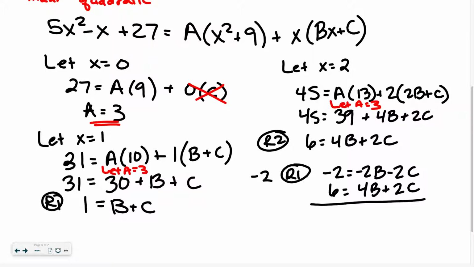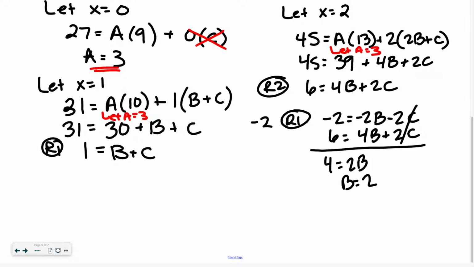Now you're like, algebra 1. 4 equals 2b, so b equals 2. And then if b equals 2, I could sub it into row 1. Then 1 equals 2 plus c, so c equals -1.